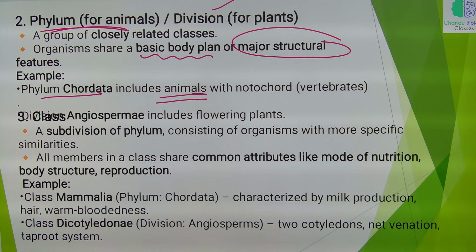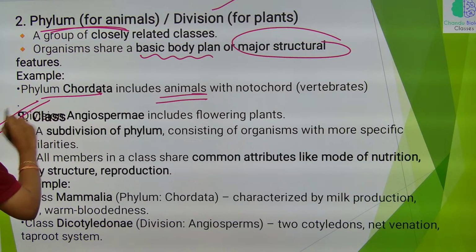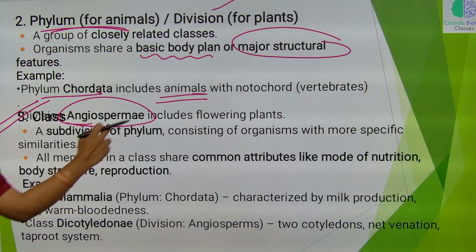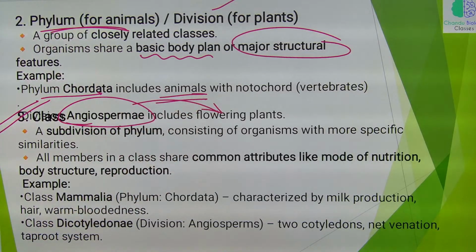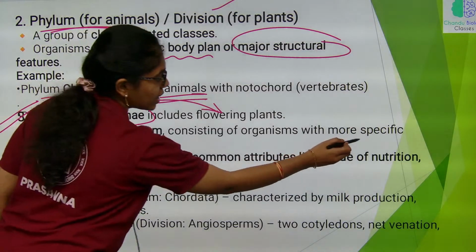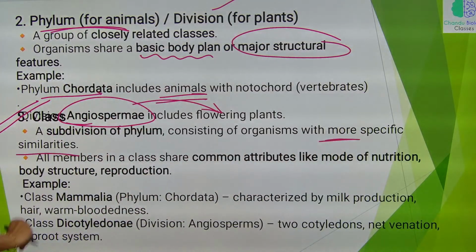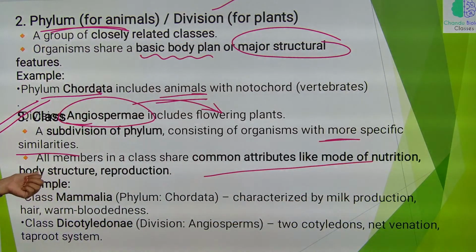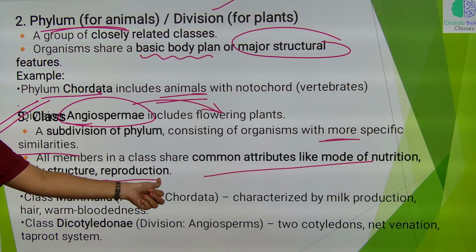Next, third is class. Same in the case of Angiospermae in plants, which includes all the flowering plants. And then a subdivision of phylum consists of organisms with more specific similarities. All members in a class will share common attributes like mode of nutrition, body structure and reproduction.